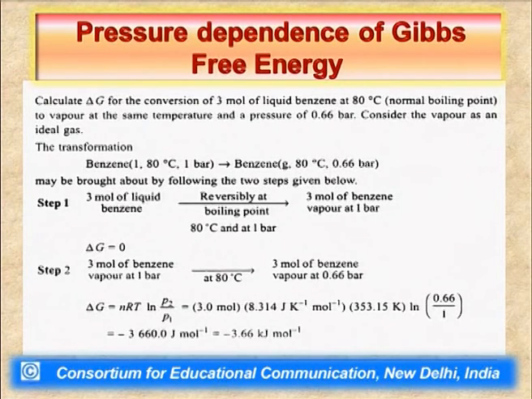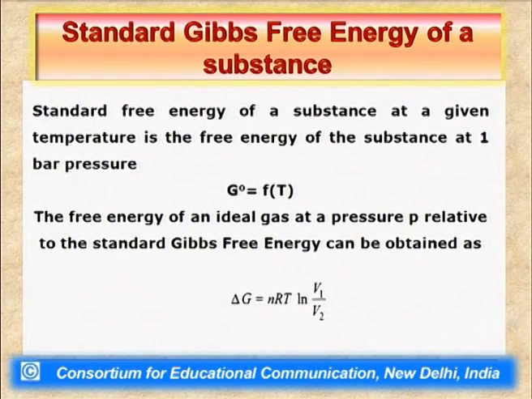Once we have written that process or transformation as one overall process, then we should split it, considering which formula can be made use of to calculate those split values and add them together to get the total Gibbs free energy change. So, Gibbs free energy change of step 1 and step 2 is equal to the Gibbs free energy change for the overall transformation of benzene from liquid phase to vapor phase at the same temperature, 80 degrees, but at a lower pressure. That is how you can address all numerical problems.